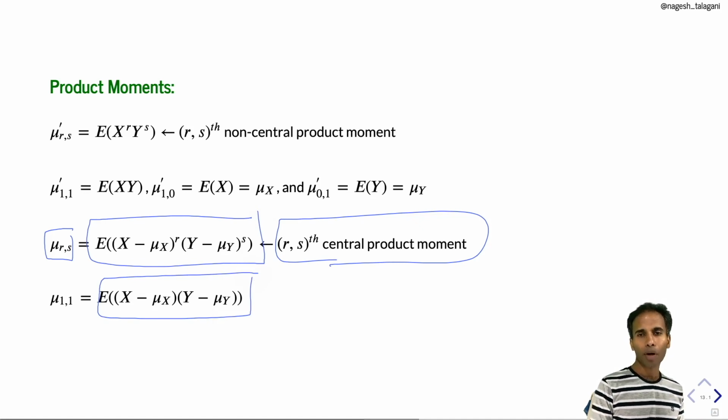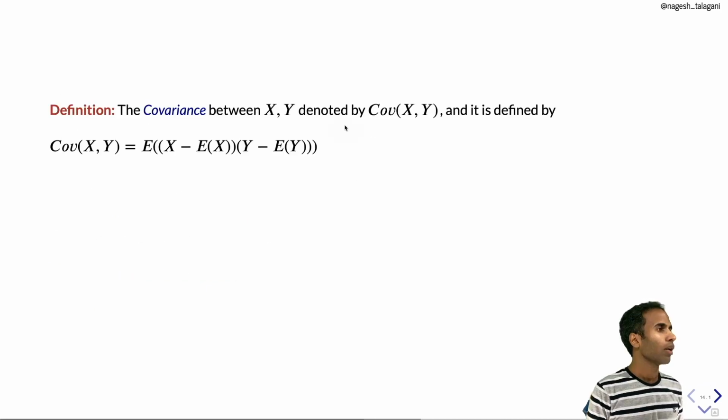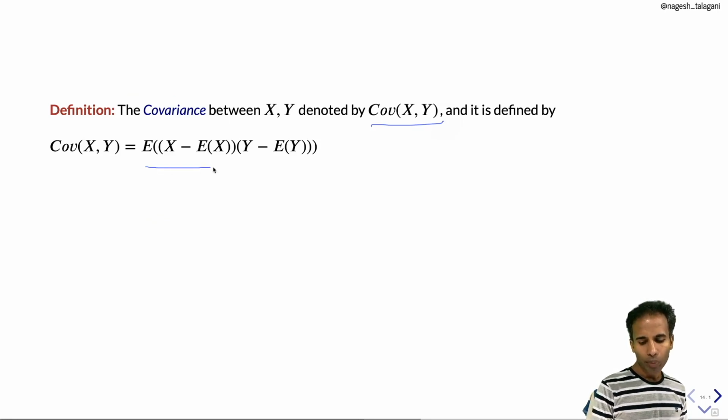This is going to be an important quantity for us. Next we are going to define this as something called covariance of x and y. Definition: the covariance between x and y, which we read as covariance of x and y, is defined to be expectation of x minus expectation of x times y minus expectation of y. This is the definition.